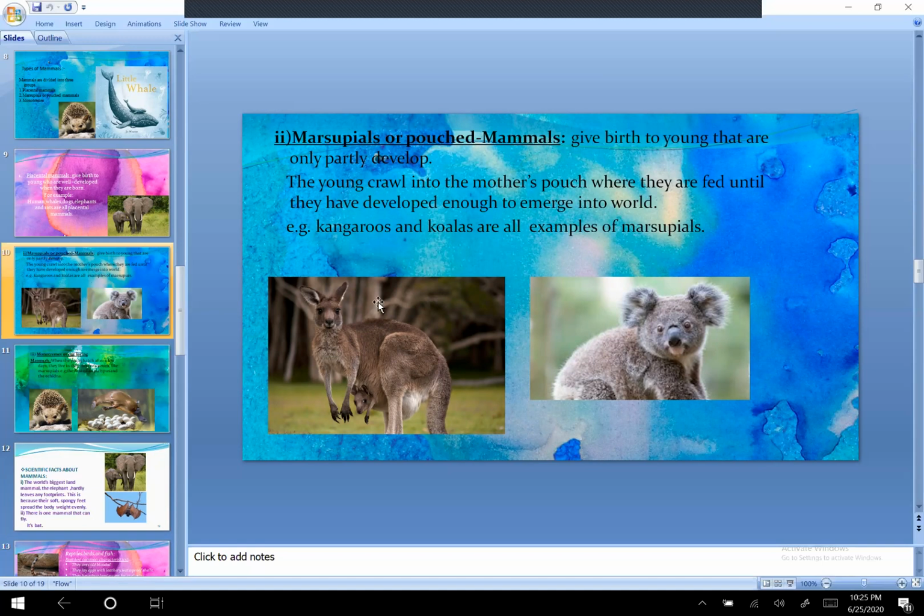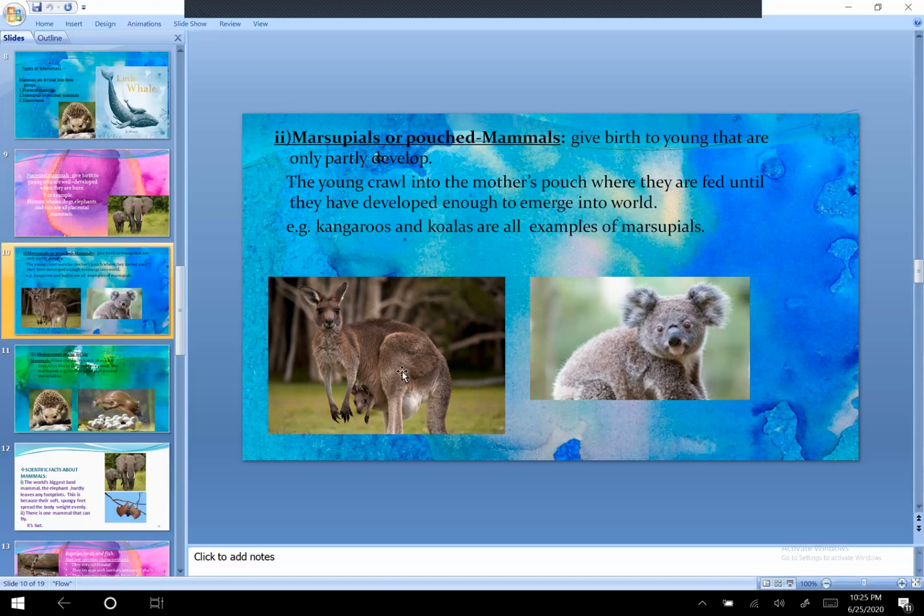They have a pouch in front of their belly and they give birth to young that are only partially developed. The young crawl into the mother's pouch where they are fed until they have developed enough to emerge into the world.